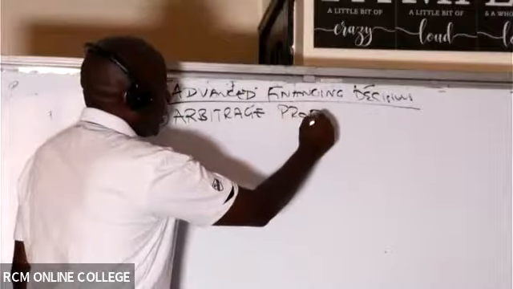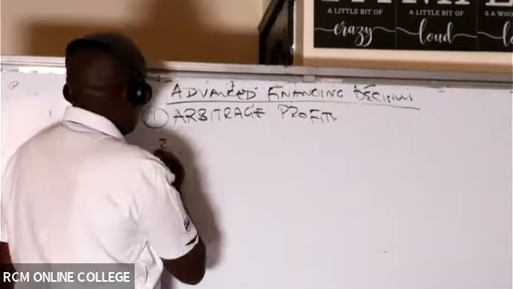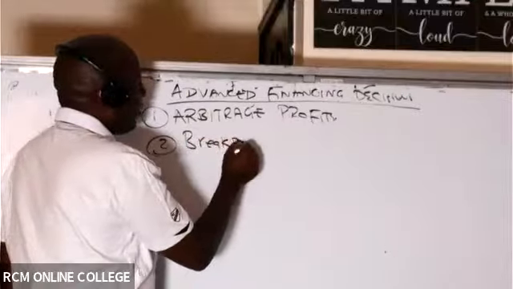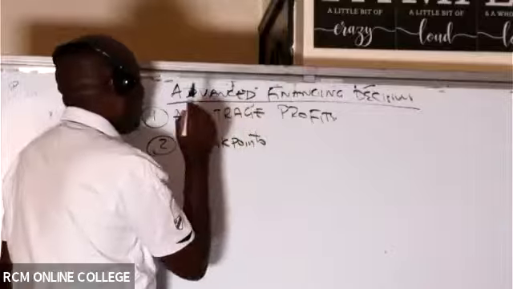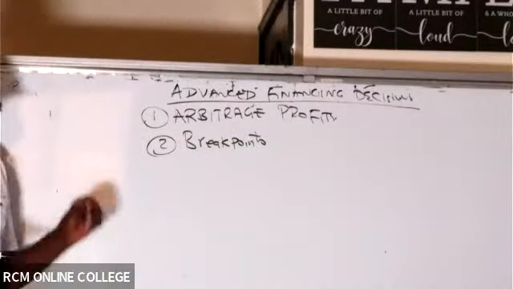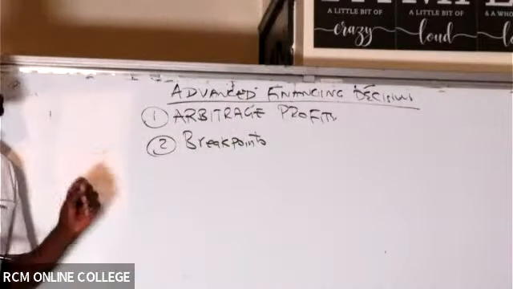And then number 2, we have this concept of breakpoints. If I'm able to achieve those 2, in terms of the advanced financing decisions, then I'll say that I've really achieved our today's agenda.